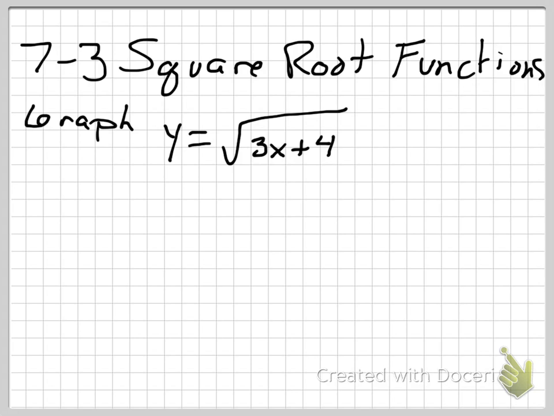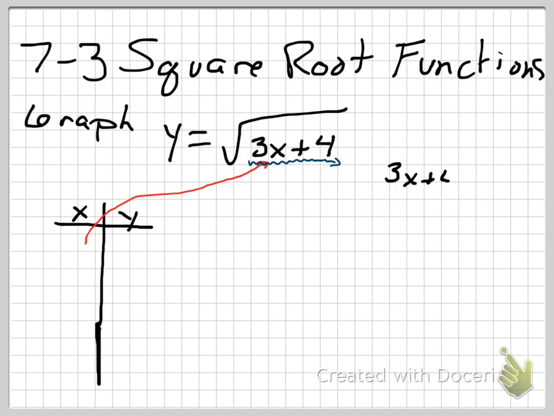So the smallest number that would actually provide something for a graph would be the square root of 0. So the first thing we have to do is figure out what makes the innards of the root 0. So we have to set whatever is in the root equal to 0.